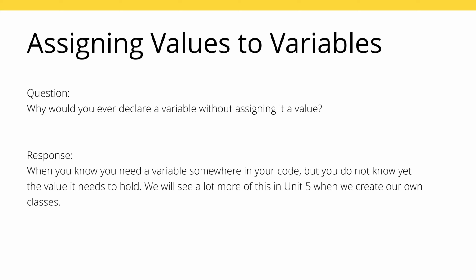So I want to set aside a box, but I'm not going to put stuff inside of it until later. This will make a lot more sense in Unit 5 when we talk about instance variables. But for now, this is the best analogy, and just understand that there are times when we might want to set aside a box or set aside a variable to store a future value, but we don't know that value yet.